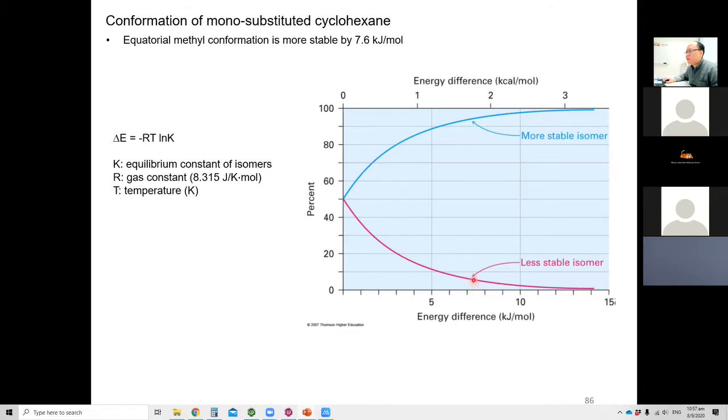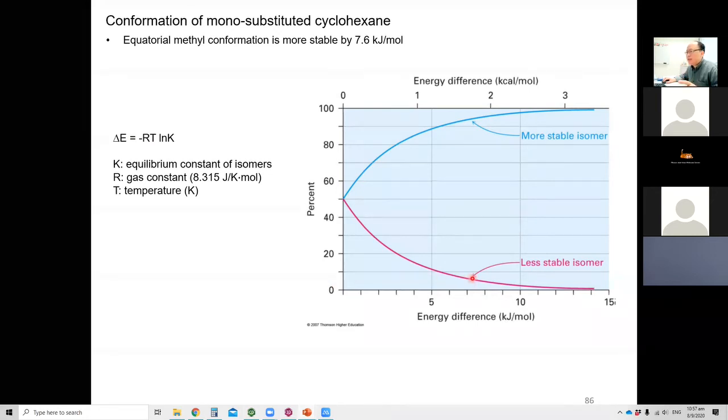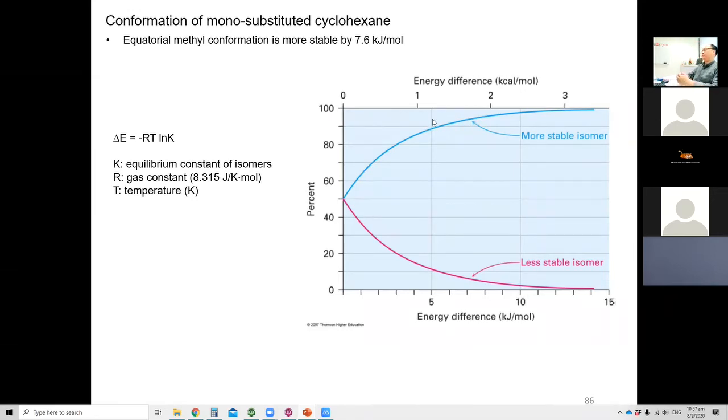You can see the less stable conformer, which is the axial methyl, is about 5%, and the more stable isomer, the equatorial methyl isomer, is 95%. It's easy to know that if you are given an energy difference, what the percentage of the more stable conformer in the mixture is, and what the percentage of the less stable conformer in the mixture is.